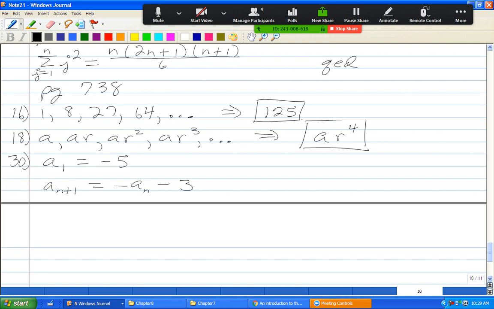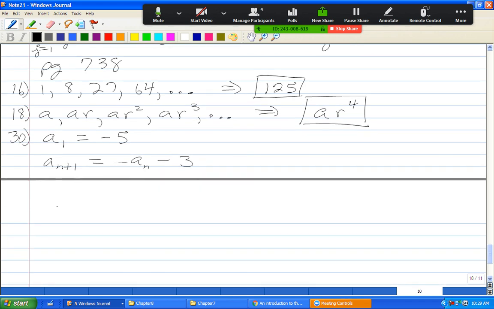Okay, the first term is negative 5. Let's figure out the second term. By this definition, the second term is minus the first term minus 3.